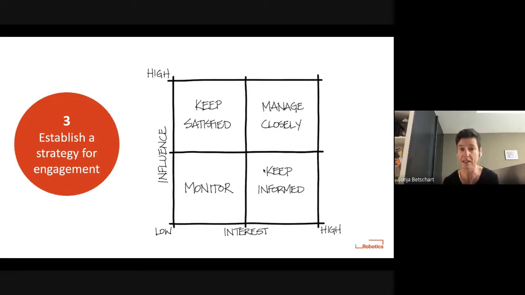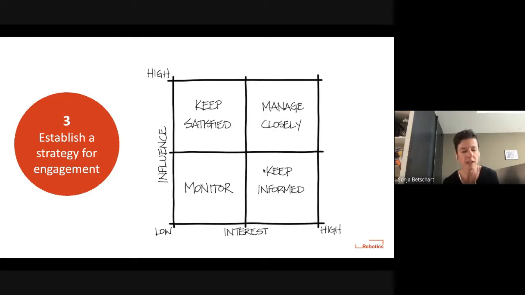Now, the second group is the corner that says high influence and low interest, the upper left corner. The strategy for these stakeholders is to keep them satisfied. This group usually contains people with an important position who are not directly related to the project or the work you do.